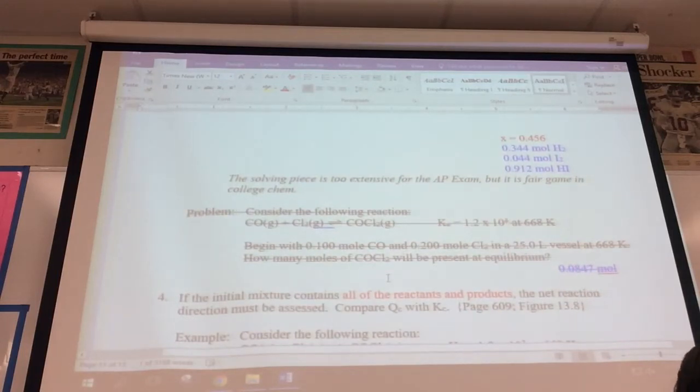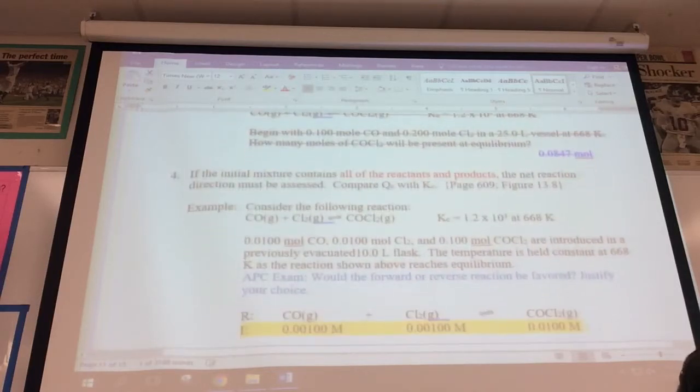Maya's question was excellent because she said, well, would you ever go in reverse? And the answer is yes. Those of you who stepped down for the picture, we mentioned this, and we're going to do it here. It says, if the initial mixture contains all of the reactants and products, that is to say, initially you have reactants and you have products, how do you determine the direction of favorability, forward or backward?